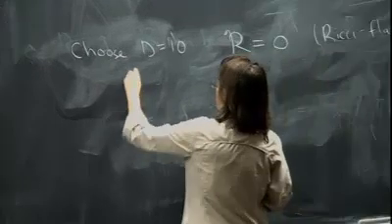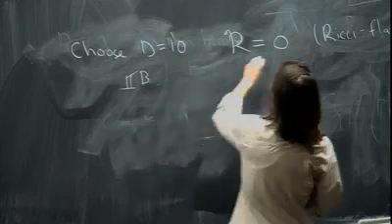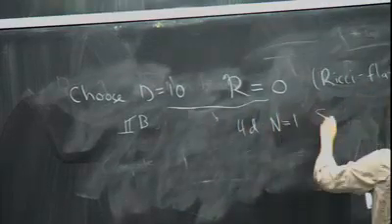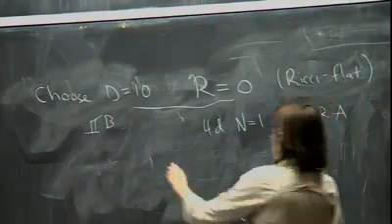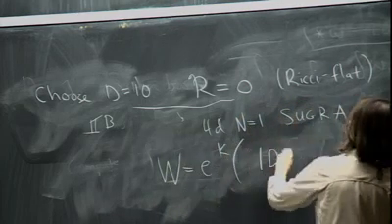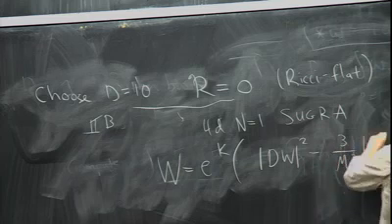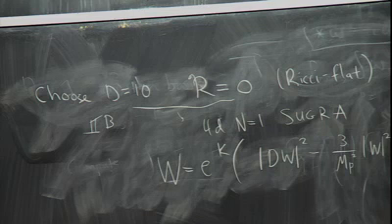You work in type 2B, just for detailed reasons. And if you do these things, you get a 4-dimensional N equals 1 supergravity theory, which has a potential which can be written in this way, plus D terms, which I'll just write as a word.